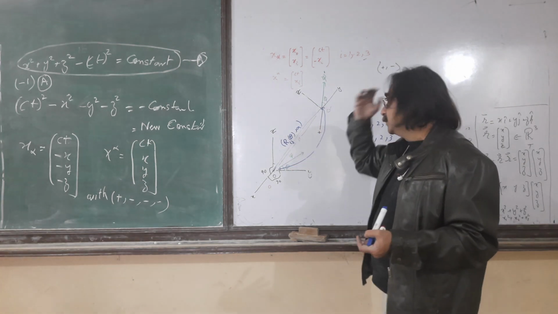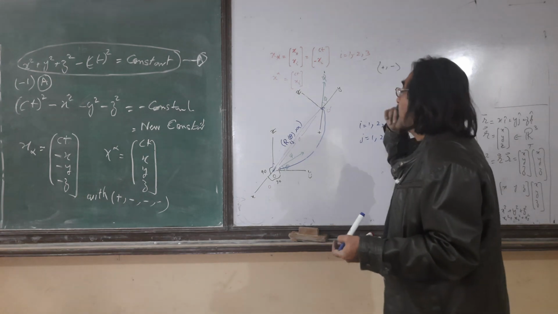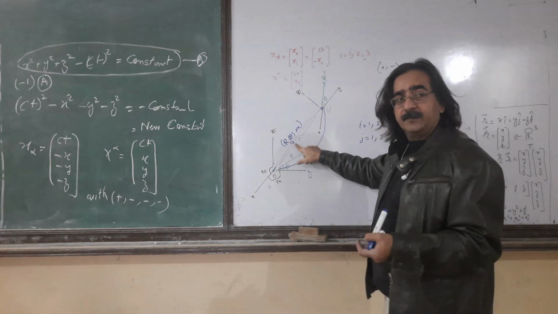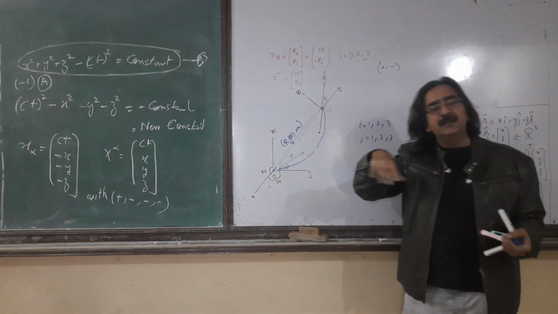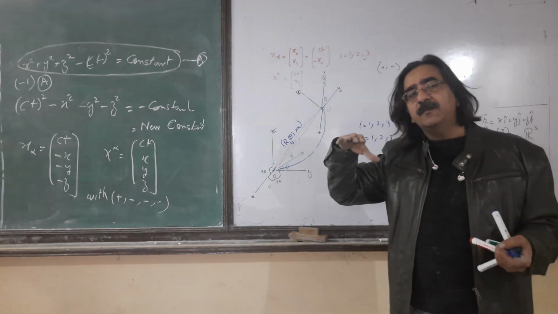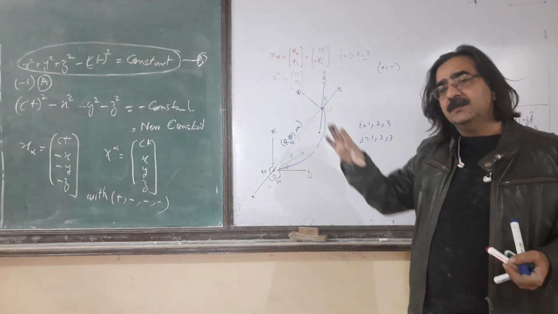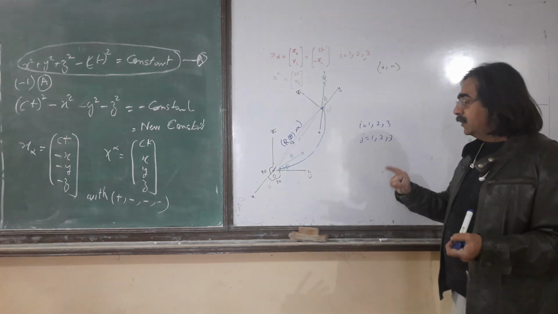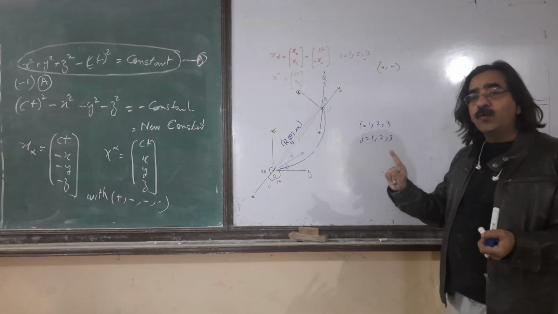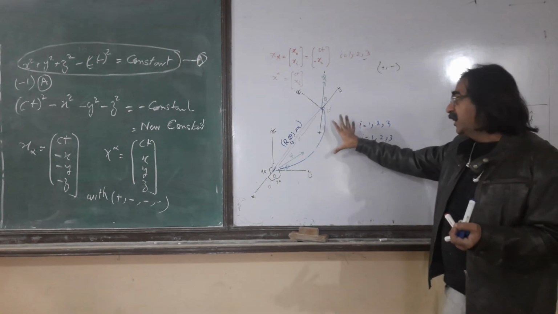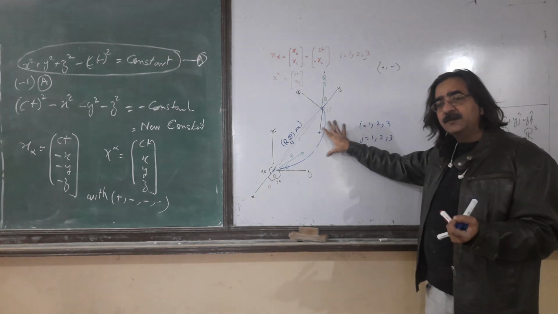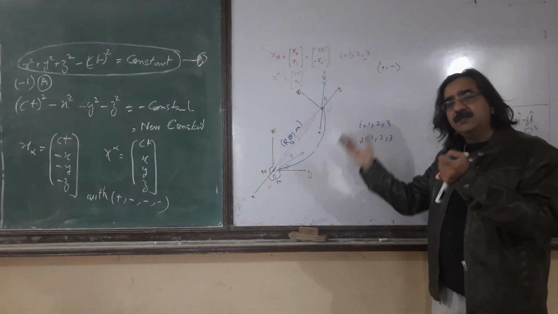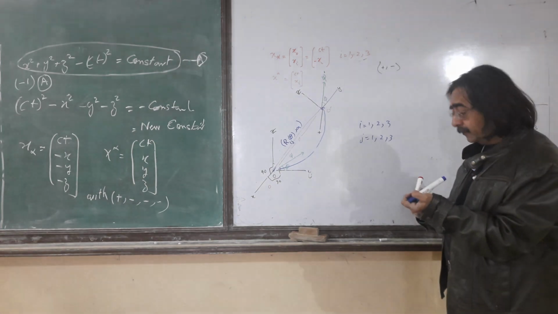Got it? In ij, 1, 2, 3 means x, y, z. But now you have not a 3-dimensional space but a 4-dimensional space. This was regarding the previous lecture. Now I'm combining the previous lecture with the new lecture.